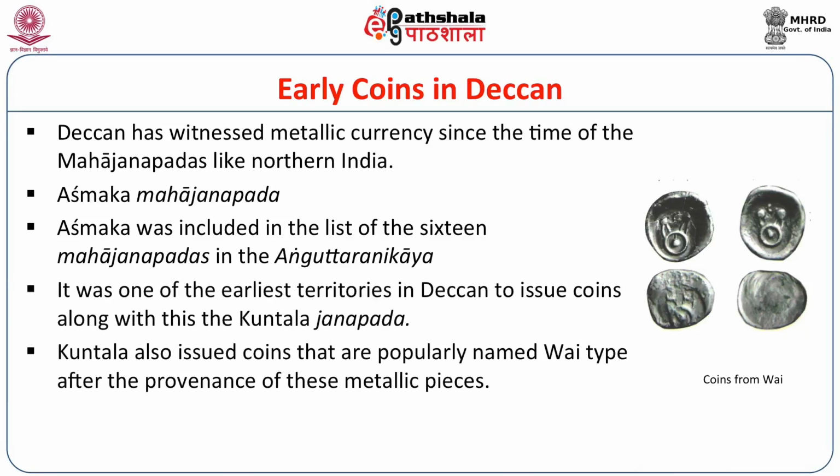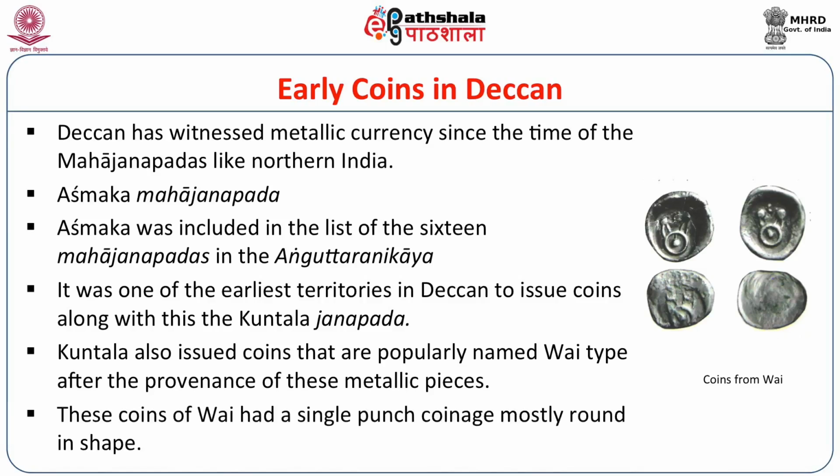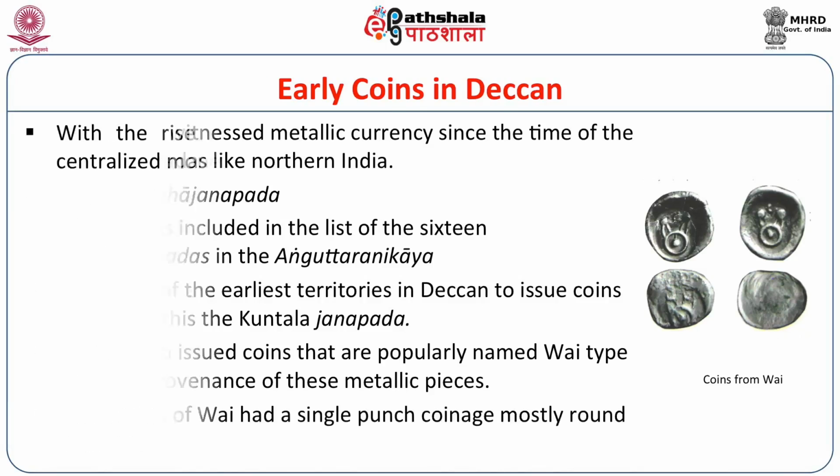Apart from the Asmakas, we also have the Kuntala Janapada, which was also issuing its coinage. Here you can see the coins from Vai, that is a region in Maharashtra which belong to the Kuntala Janapada, and very significantly these coins have a single punch on them, and this is also known as the Y type coinage.